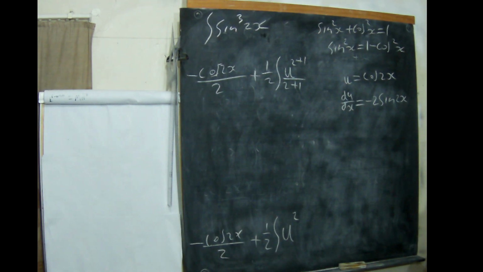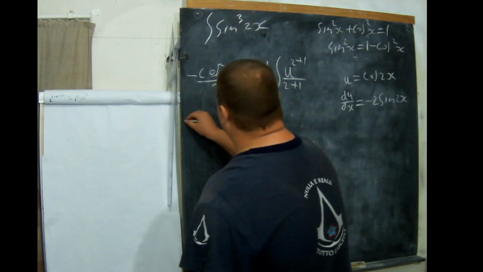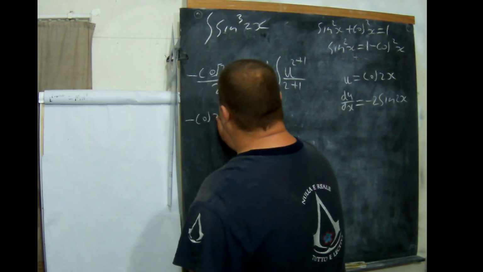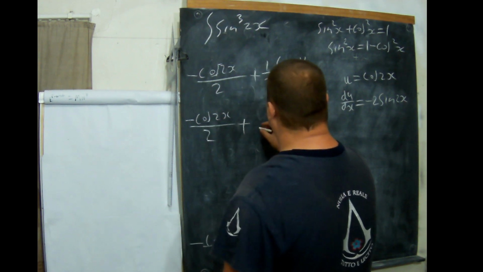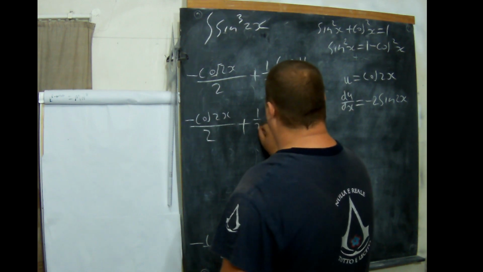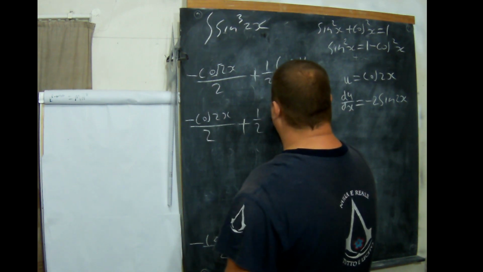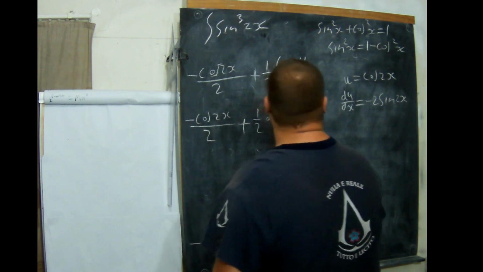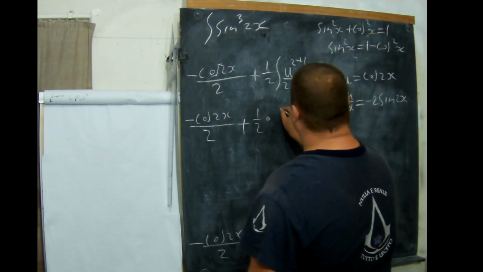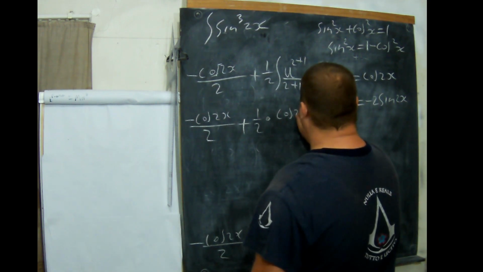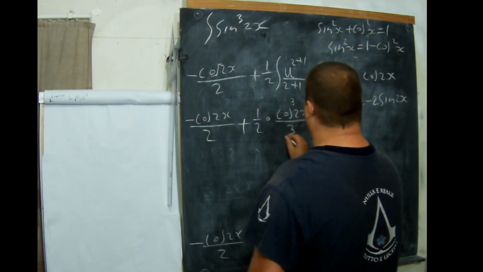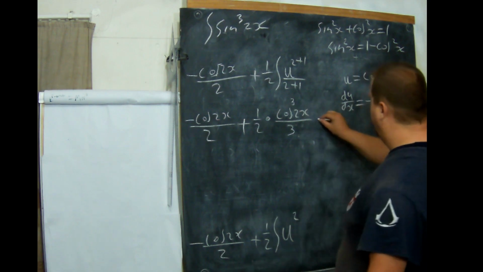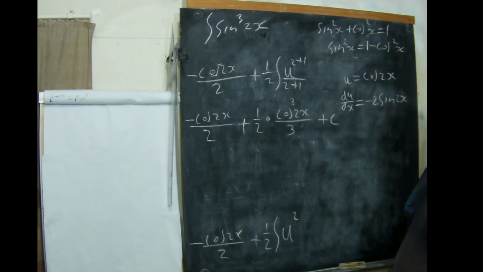Now what we'll get is minus cos 2x over 2 plus a half times cos 2x cubed over 3 plus c.